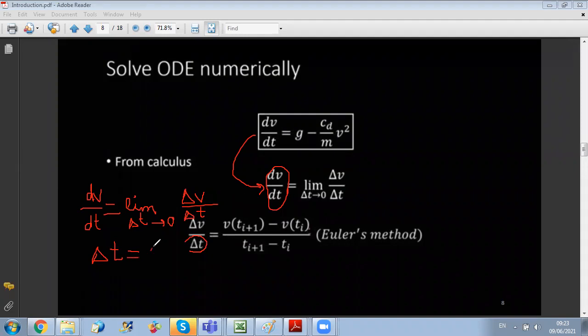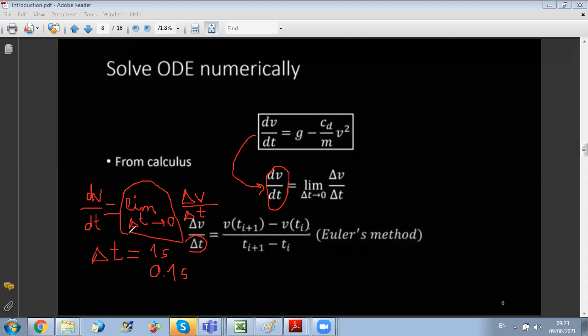You can say, I want to take delta t as 1 second, or 0.1 second. As predicted, the smaller delta t is, the better your approximation, because you will get values very close to the real value. The difference between the analytical and numerical solution is that we don't take delta t to 0. We take it as a number different from 0. But as we approach 0, our solution will be more exact.